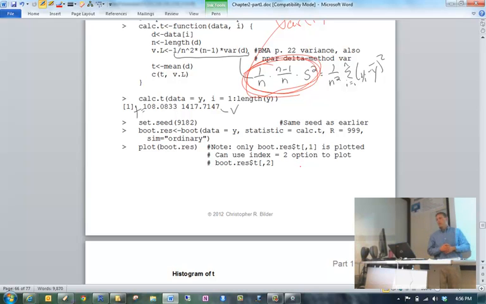So to do the resample, I set a seed so I can reproduce my results. Use the boot function. Data is in y. The statistic of interest is in calc.t. Just to reproduce the book, I'm using a small number of resamples here, 999. Otherwise, I would normally use more. Stype equal to n, to say I want a non-parametric bootstrap.